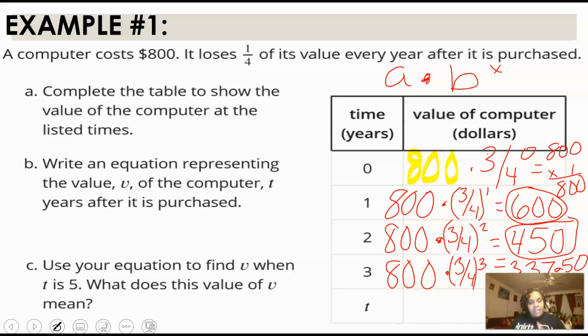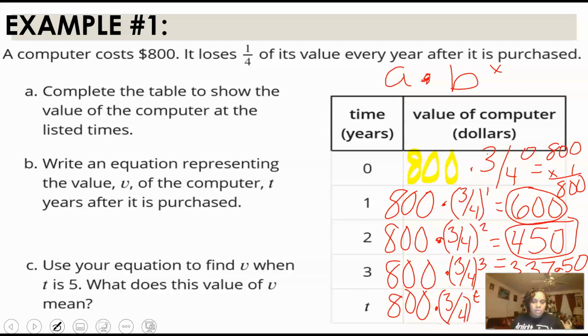Now, what it's asking here is for us to write an equation, or how would this look with t? So here will be 800 times 3/4, and you put your parentheses, t. You don't even have to solve anything because you can't really solve for anything.